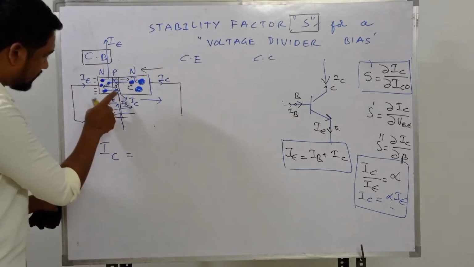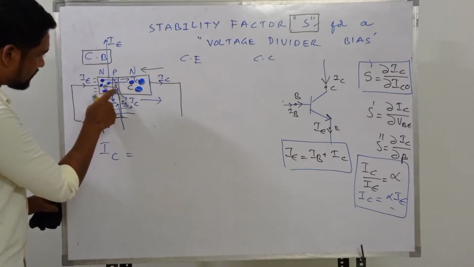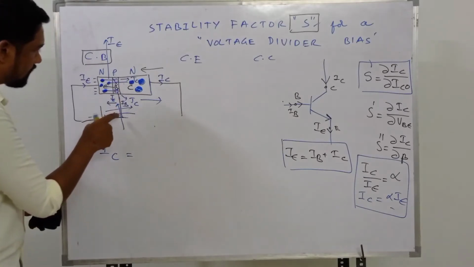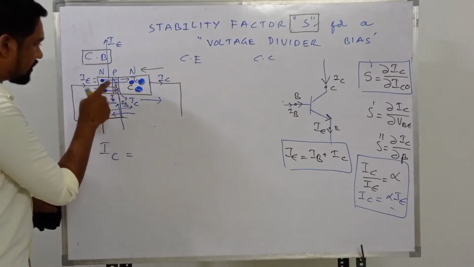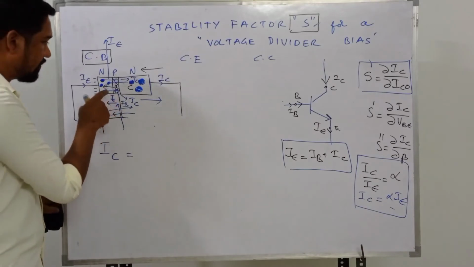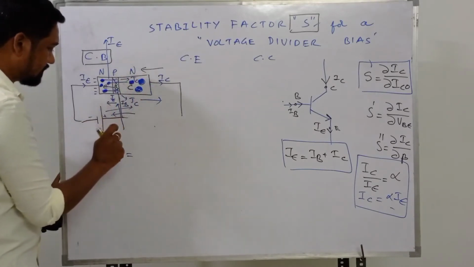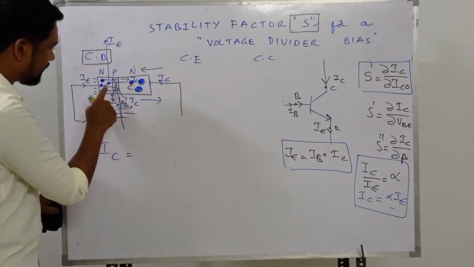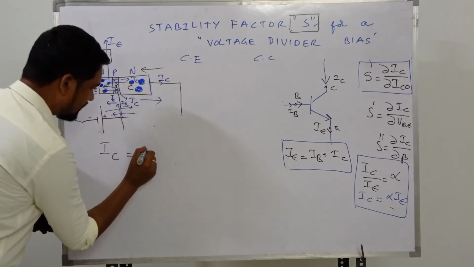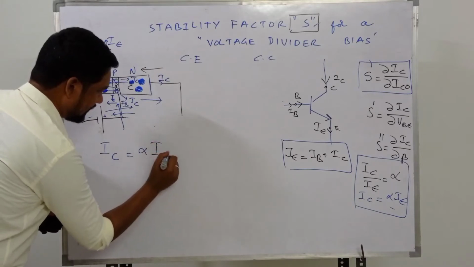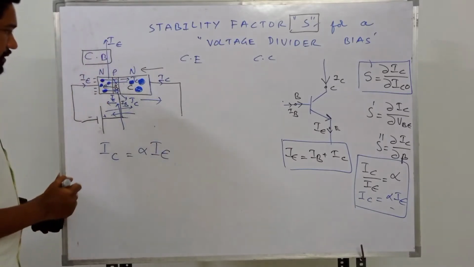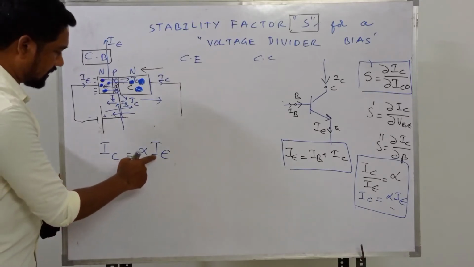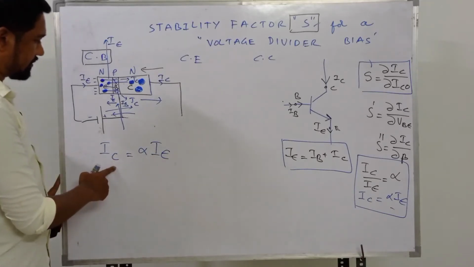It's not 100%. Why? Because a few of the electrons get recombined with the holes in the base region, so there is a drop in the current moving from emitter towards the collector. So what amount of emitter current is collector current? It's alpha times IE, right?